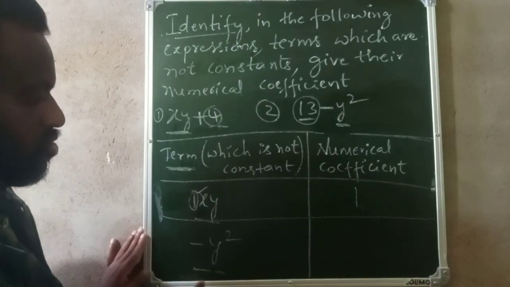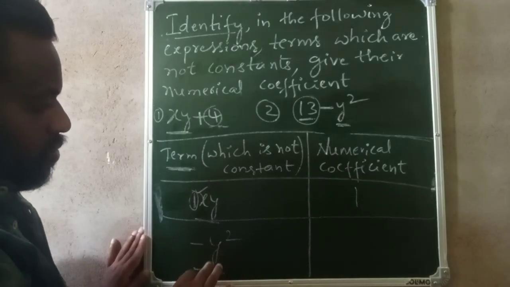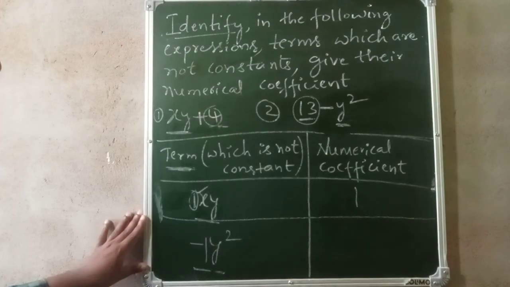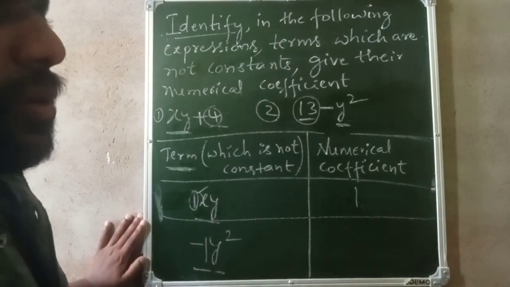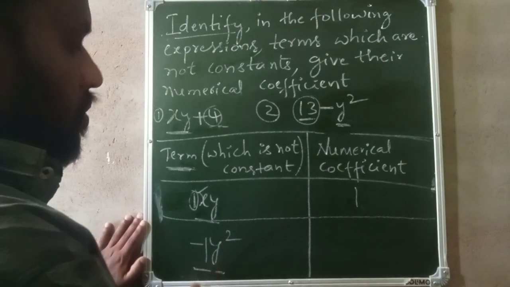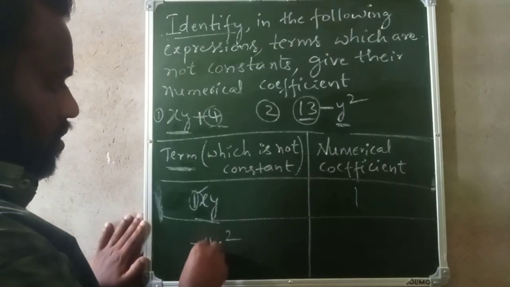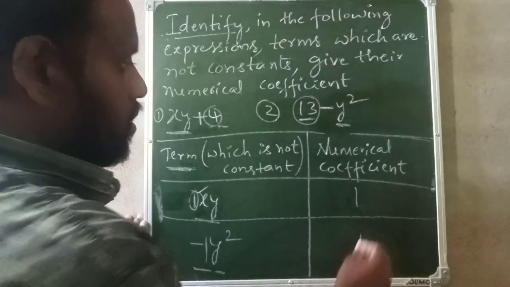For that, see here nothing is there means 1 is there. So the number present along with this variable y square is the numerical coefficient. So nothing is there means 1 is there. So that you have to write.